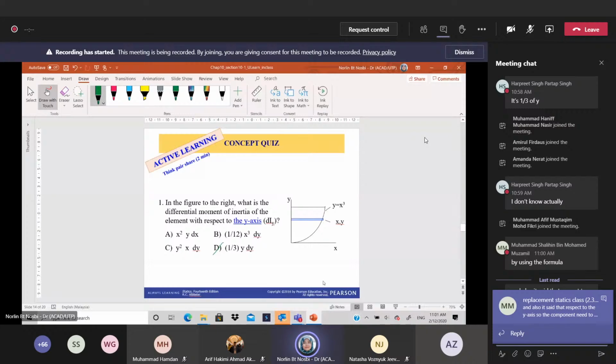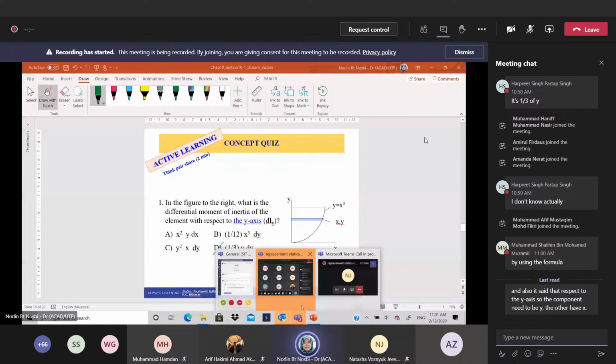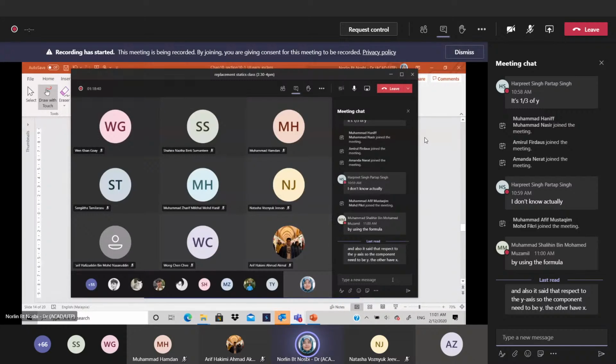Yeah, you're correct because it is with respect to y-axis. So you need to find the y. Okay, you're correct.